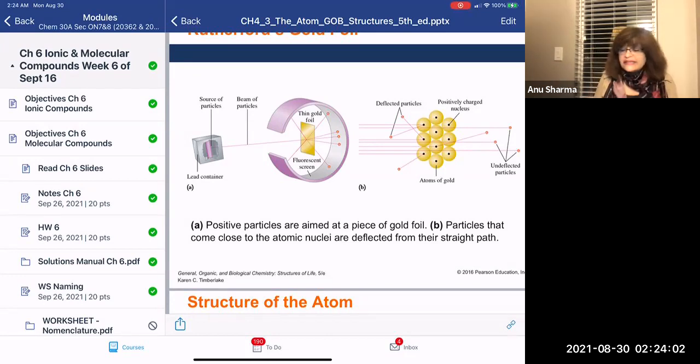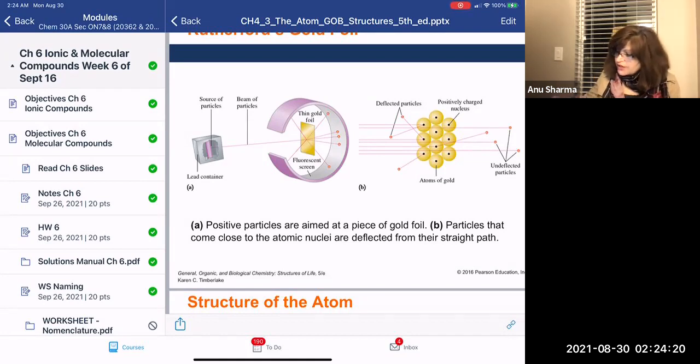That means there has to be something positively charged inside this gold foil which repelled the positively charged particles. That is why they got deflected at different angles.